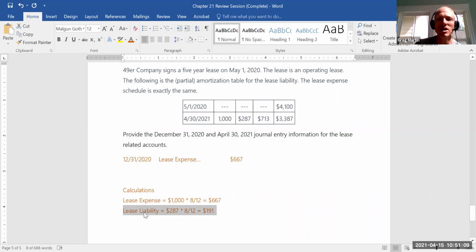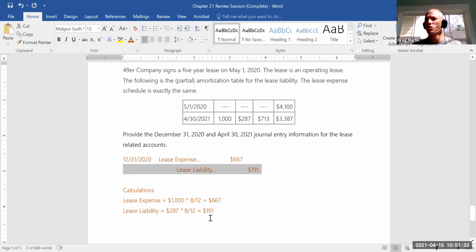Now, the question is, if that interest accrues to the lease liability, is that a debit or a credit to the lease liability account? Yes.